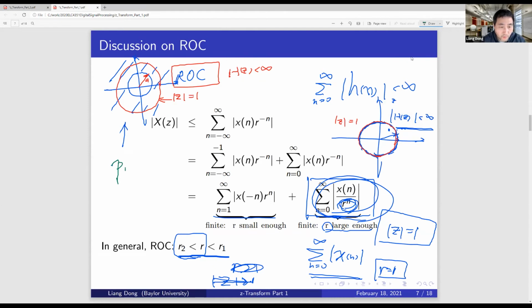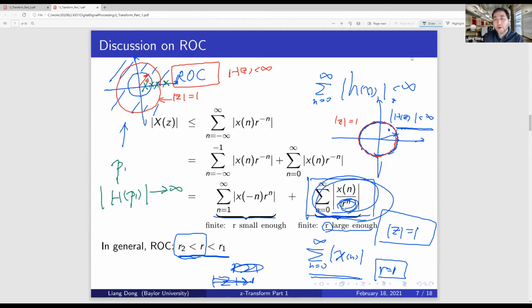Let's just say one pole, a real pole, P1. Is the pole here, or here, or here, or here? By definition, what is a pole? A pole means that if you evaluate H(z) at this value of P, it becomes infinitely large.